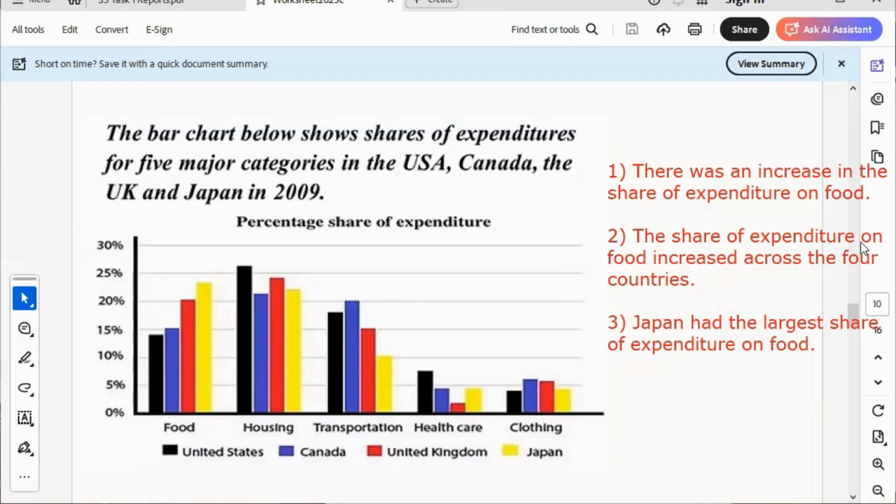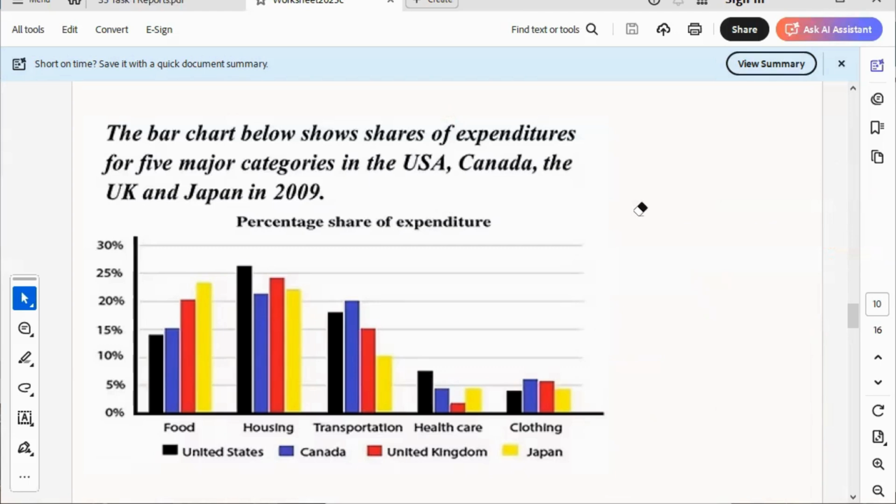Something similar to what I wrote here. Write a sentence to describe the figures for transportation. Okay, I'm waiting, everybody. I want you to send in your answer. Let me see who's going to come up with the most appropriate sentence, and then we're going to do some corrections.